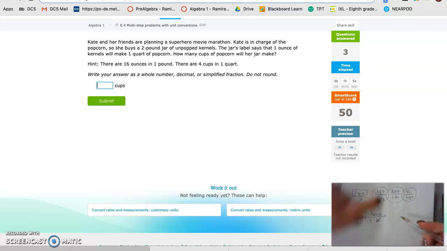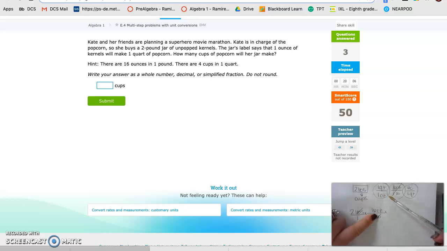Okay, so now I have ounces, and I'm going to cross this out after I've used it. So I got 16 ounces. Now I still need cups, but there's no fraction that tells me ounces to cups. But I see a fraction that has ounces in it that will enable me to cancel those ounces out. Ounces, 1, 1.